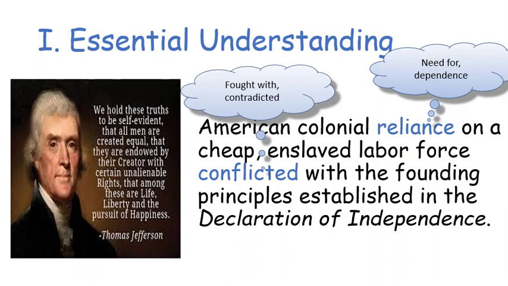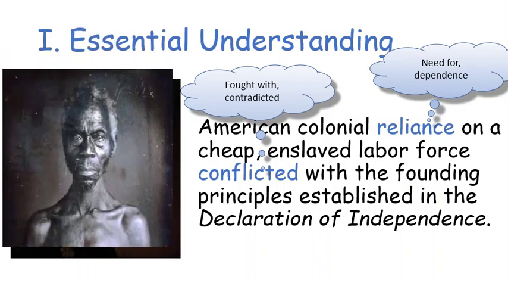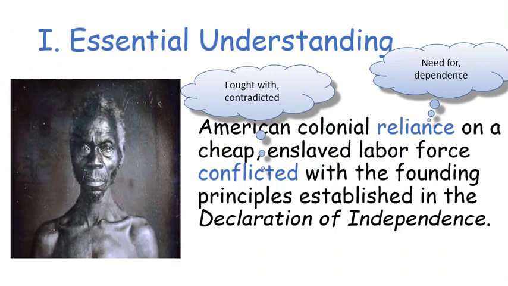When we think of Thomas Jefferson and the founding fathers and the words that they put on paper, we see there on the graphic, "We hold these truths to be self-evident that all men are created equal, endowed by their creator with certain unalienable rights: life, liberty, pursuit of happiness." Those ideas on paper were really incompatible with the institution of slavery.